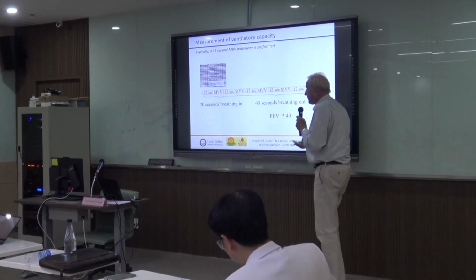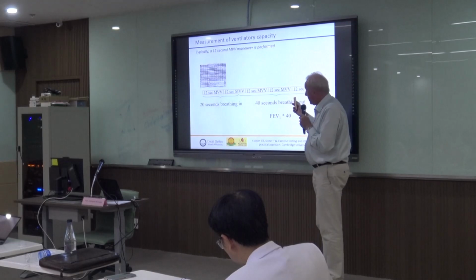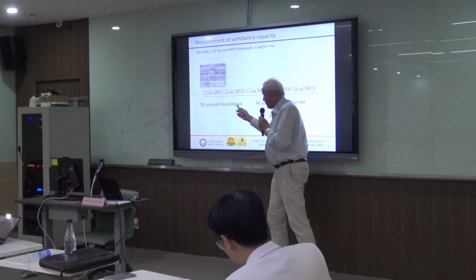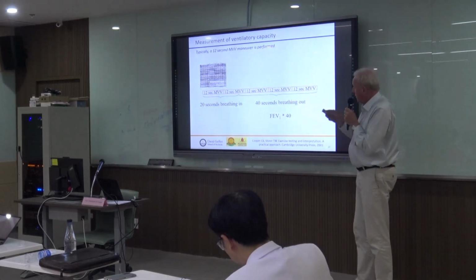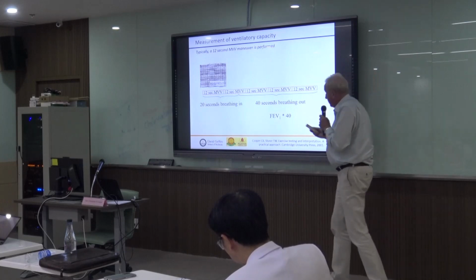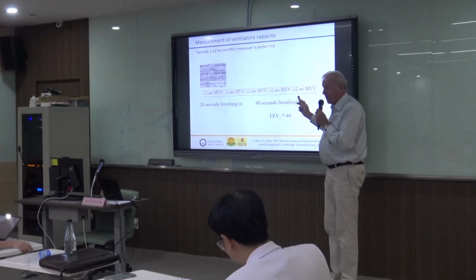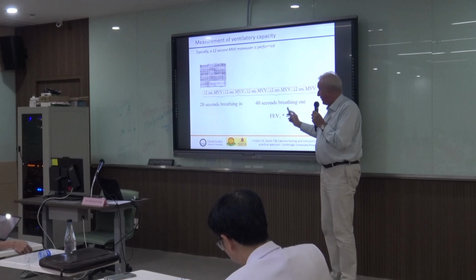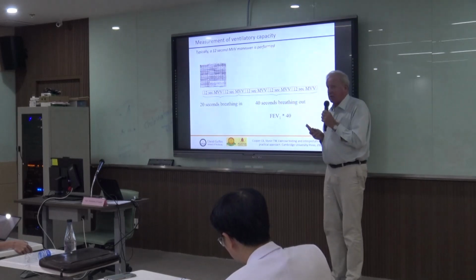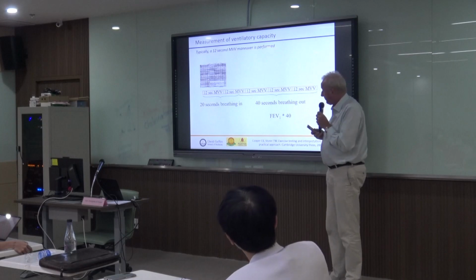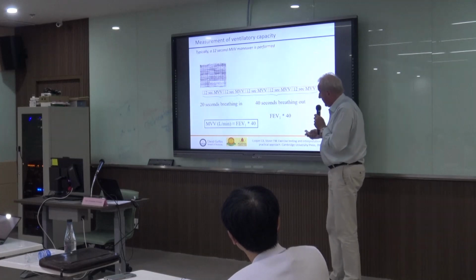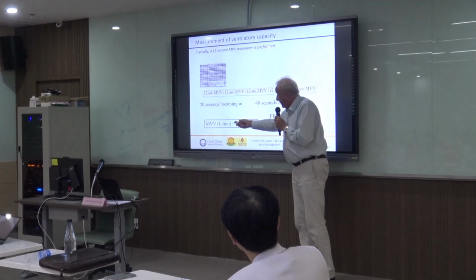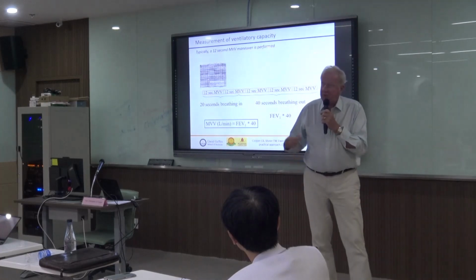Now, if we assume that in every minute we spend 20 seconds breathing in and 40 seconds breathing out, in other words, the I to E ratio is 1 to 2, which is approximately correct, then we could reason that in 40 seconds, the most we can breathe out in 1 second is the FEV1, so the most we could breathe out in 40 seconds is the FEV1 multiplied by 40. Therefore, it's reasonable, and we do actually find that 40 times the FEV1 corresponds quite well with the maximum voluntary ventilation.